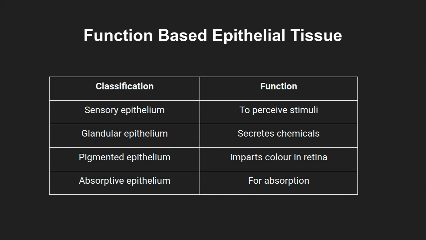So that is pigmented epithelium. And absorptive epithelium will do the function of absorption, for example in the intestine. So based on function you can also classify the different epithelial tissue, but the major classification is based on the structure itself. We don't really classify epithelial tissue based on the function.